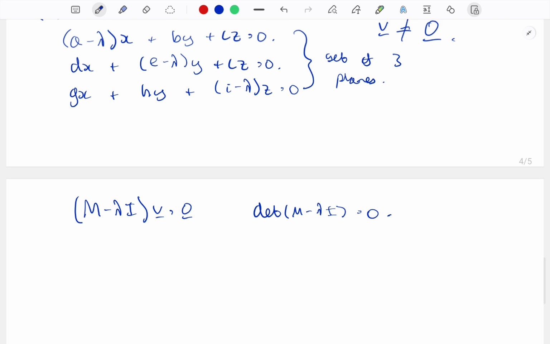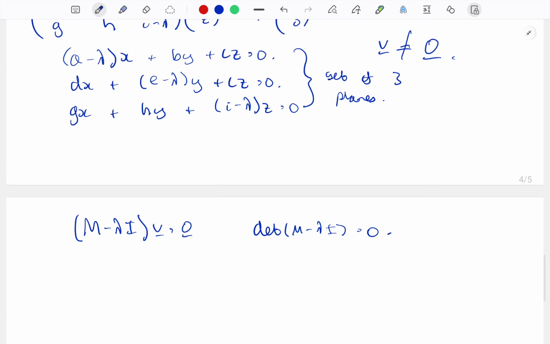So if the determinant of M minus lambda I is equal to 0, you get a set of 3 planes which intersect with an infinite number of solutions for x, y, z, which will also go through the origin. So this here will be your characteristic equation.